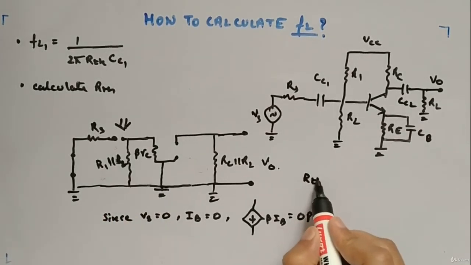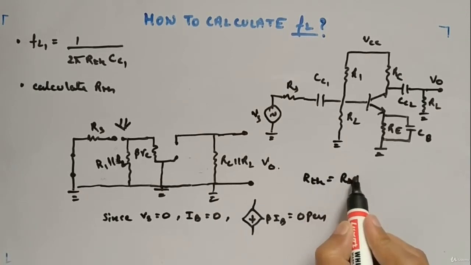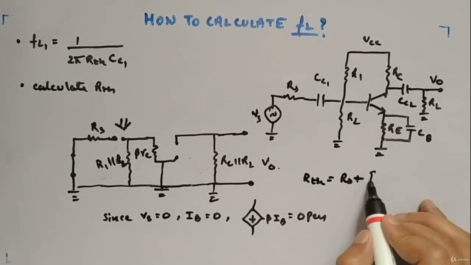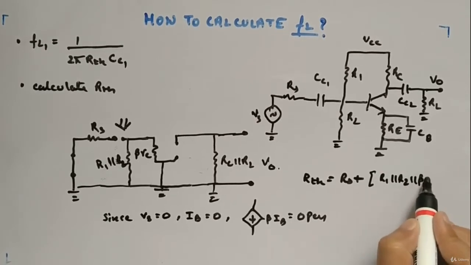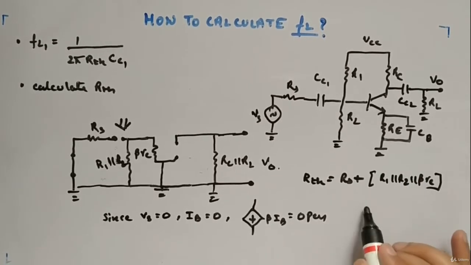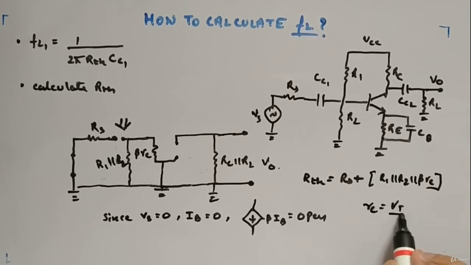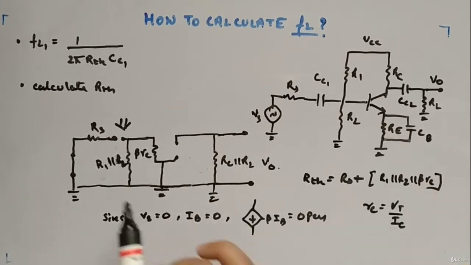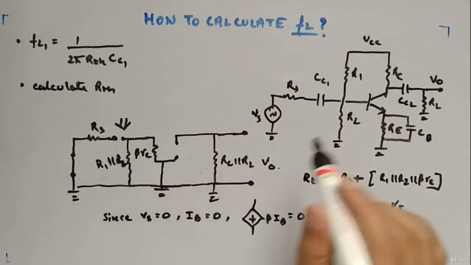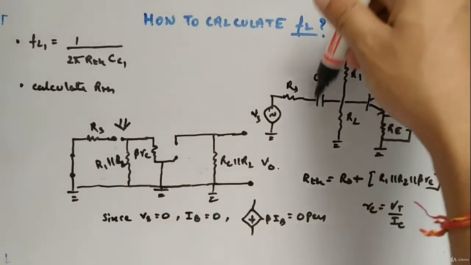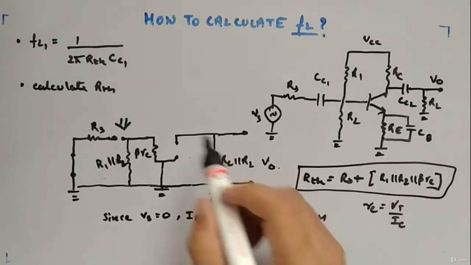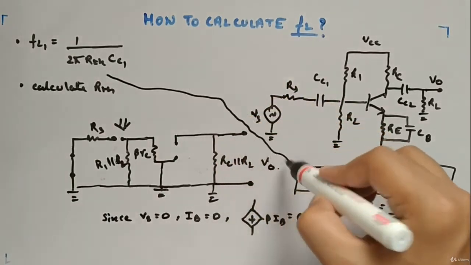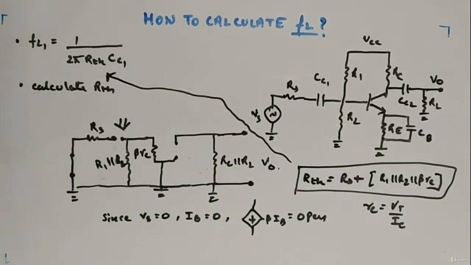So RTH will be RS plus, because it's in series, R1 parallel R2 parallel beta small re. Okay, small re is Vt by Ic, if you remember. So this will be the RTH of this circuit corresponding to this CC1, and if you plug this RTH value here, you will get FL1.